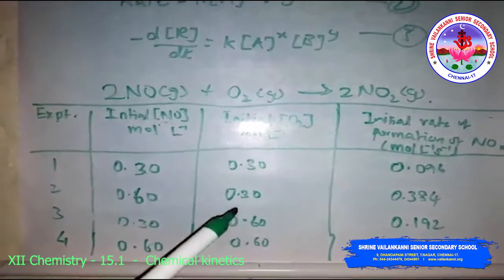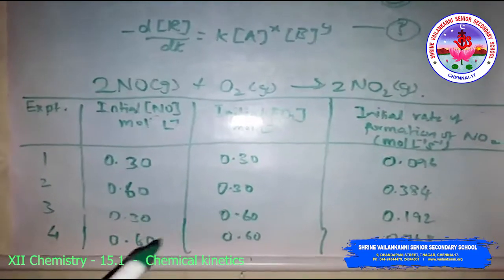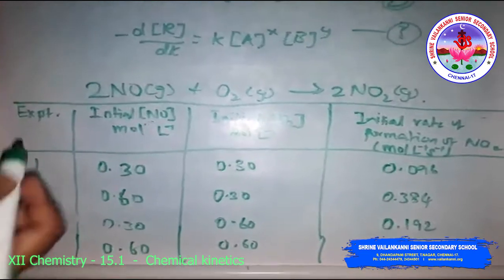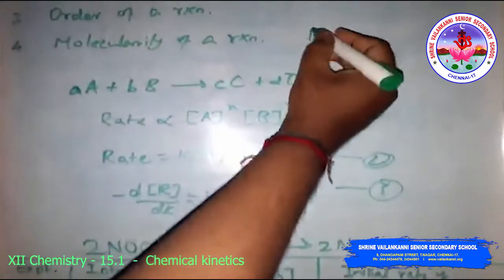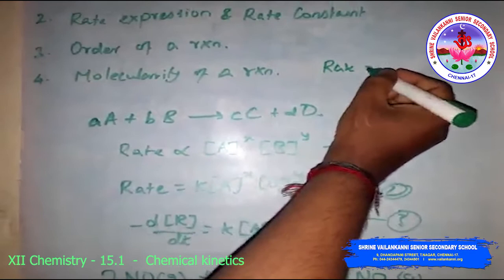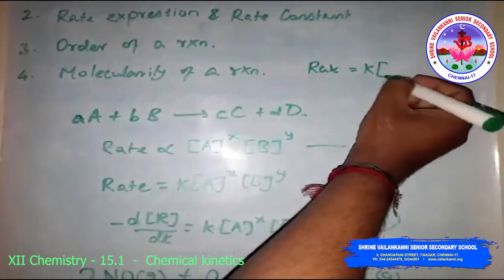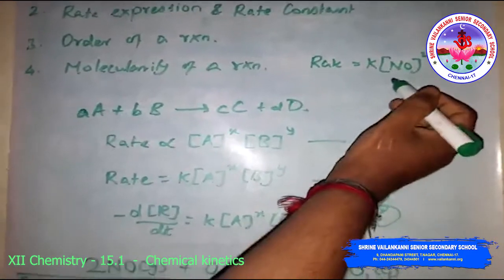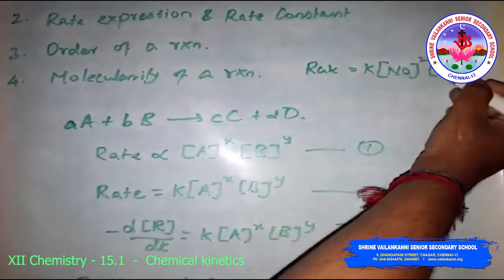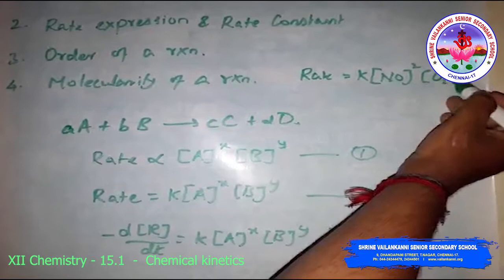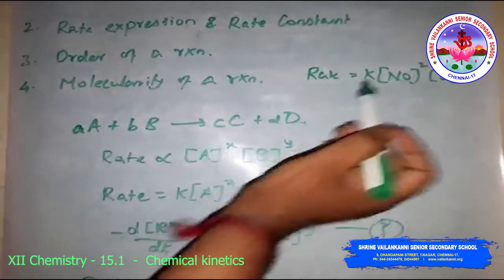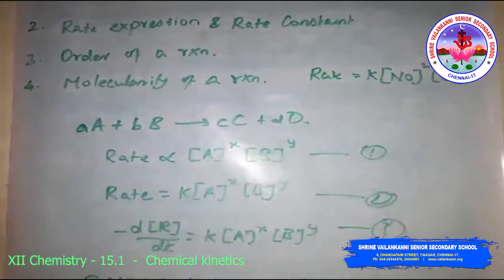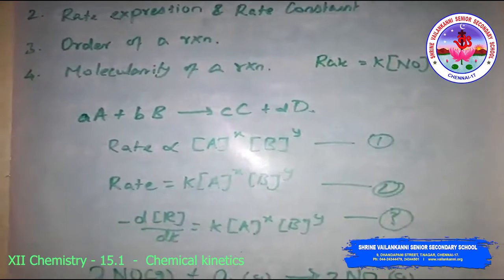So the rate equation for the reaction will be: rate is equal to k into concentration of NO, nitrogen monoxide, power 2, into concentration of oxygen. Because of the 2 moles, that is why it is raised to the power 2.